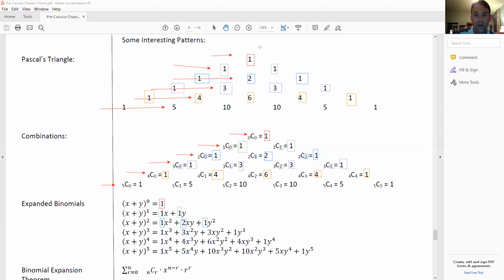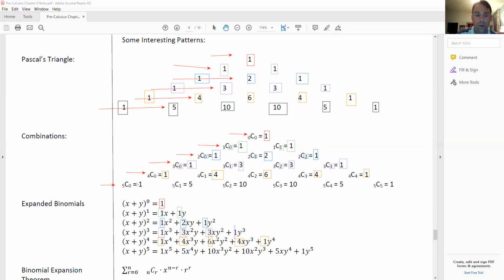If you take it to the third, you get 1x cubed plus 3x squared y. Take a look at these coefficients. Turns out these coefficients are the exact same coefficients as we had with combinations. They're the exact same thing we had on Pascal's triangle. Here, let me show you again. This is the 5th row: 1, 5, 10, 10, 5, 1.